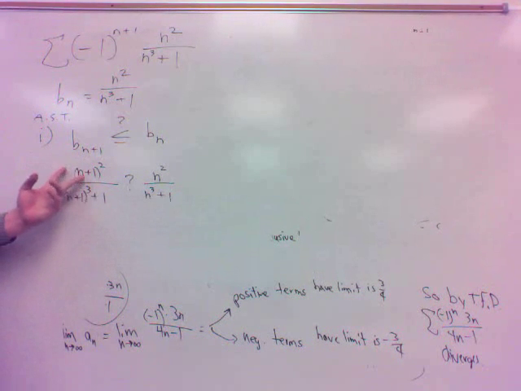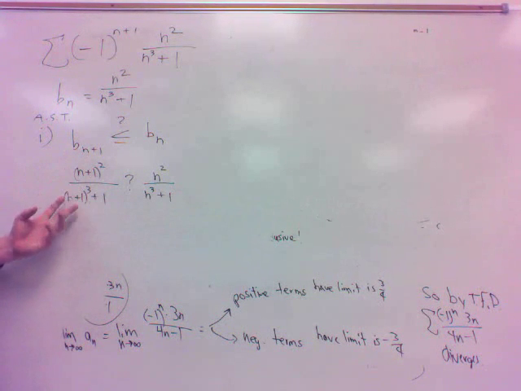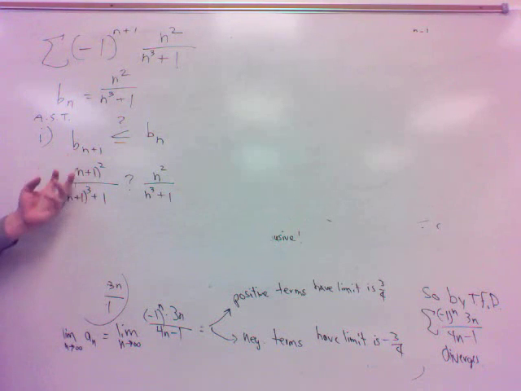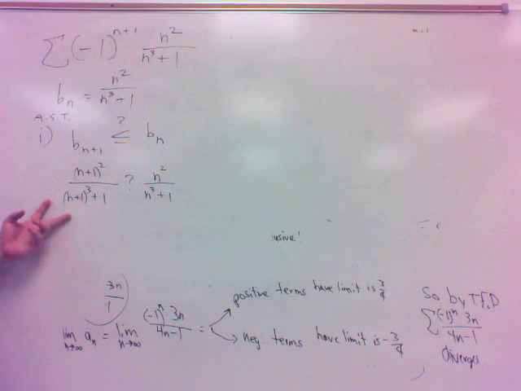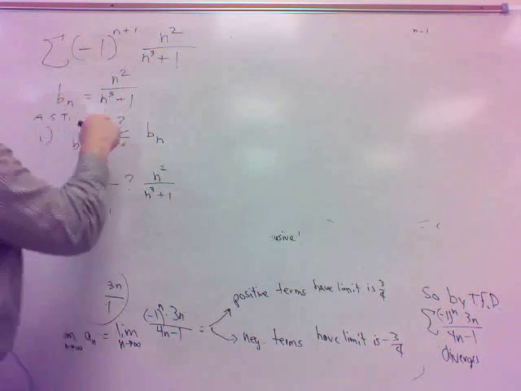This n plus 1 squared is obviously going to get bigger, and this is going to get bigger too. So I've got bigger divided by bigger. Which one's bigger? We're squaring, so we're thinking this probably gets less big than this does, but how can we be sure?